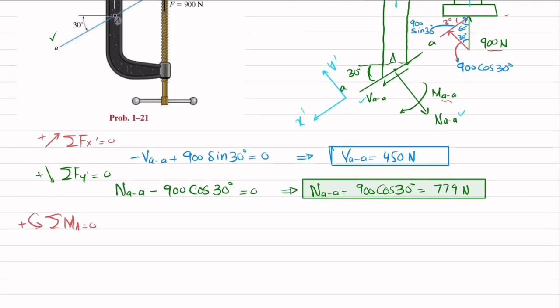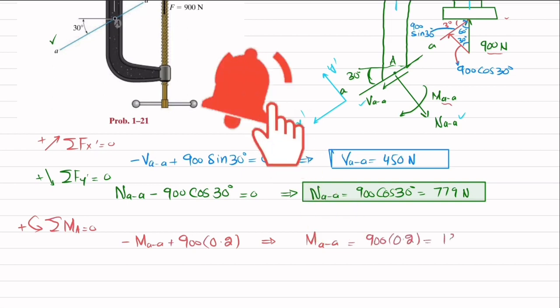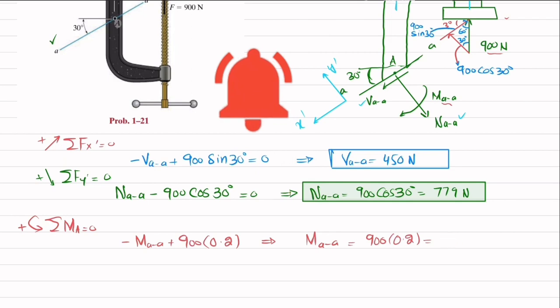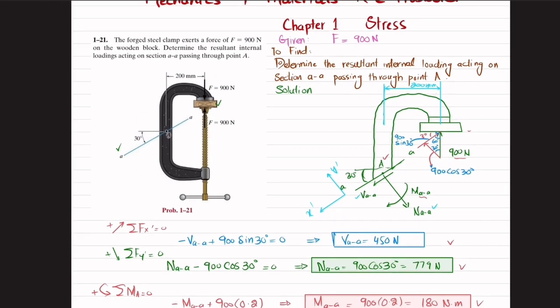So I will write minus MAA plus 900 into 200 millimeter, and 200 millimeter in meter is 0.2 meter. So from here you will get MAA will be equal to 900 into 0.2, which is equal to 180, and unit will be Newton into meter. So all these are the internal loading at point A, and that is the answer of this question.